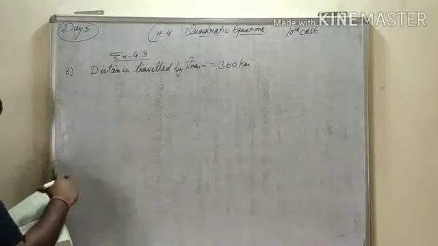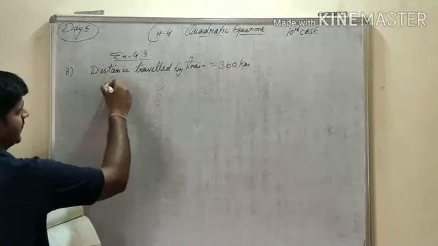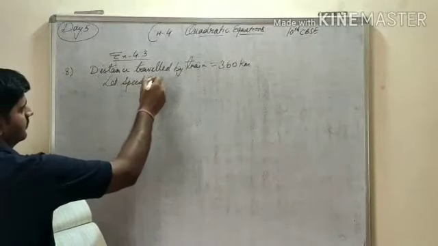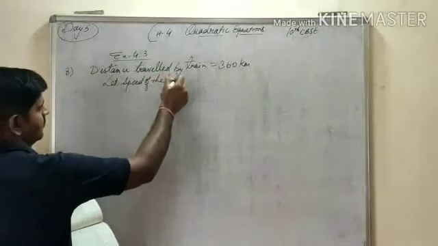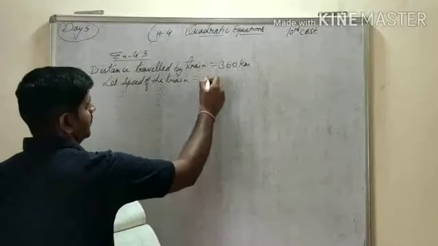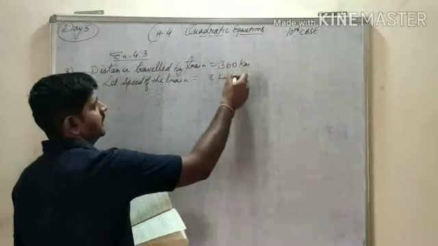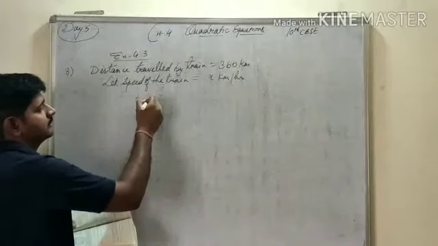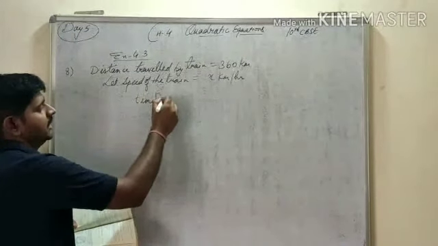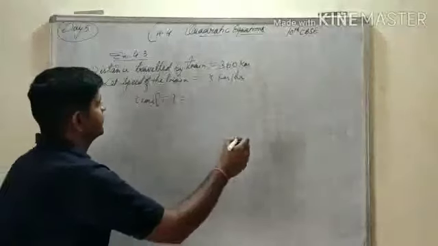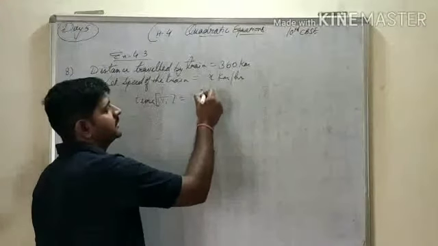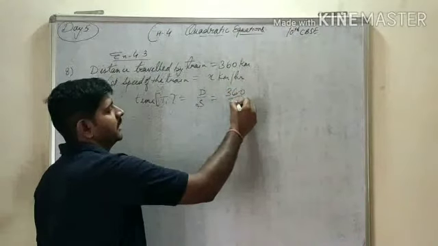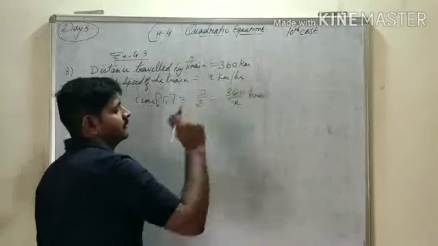Suppose we say that the speed of the train is x kilometer per hour. So time will be t1, that is distance upon speed, 360 upon x hours. It is the time.